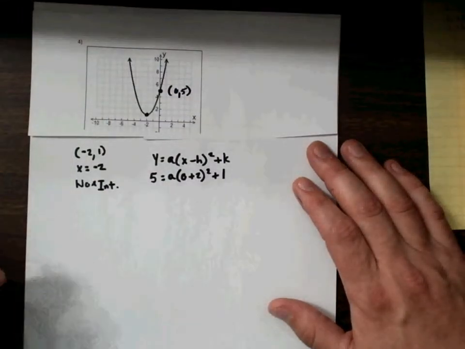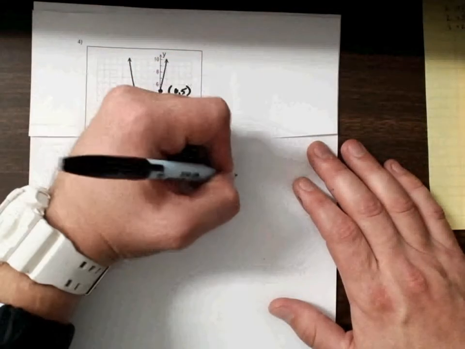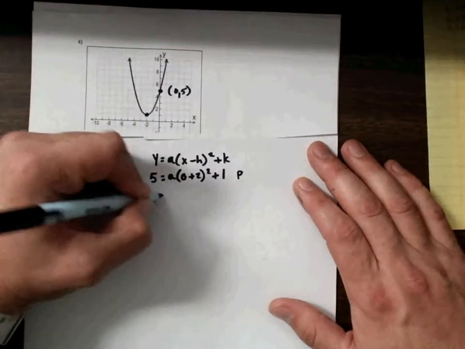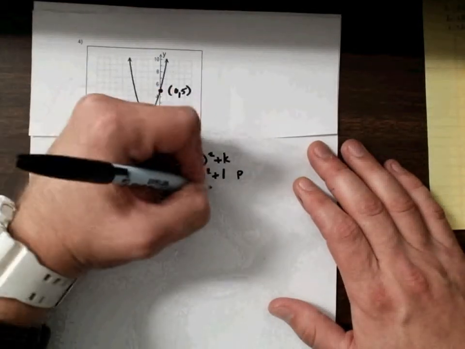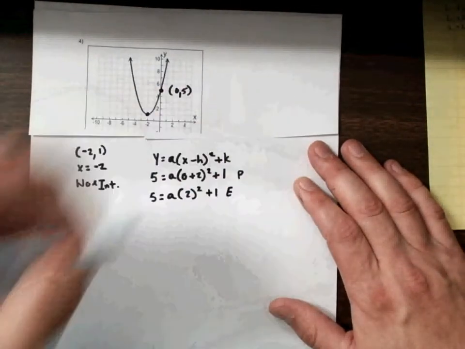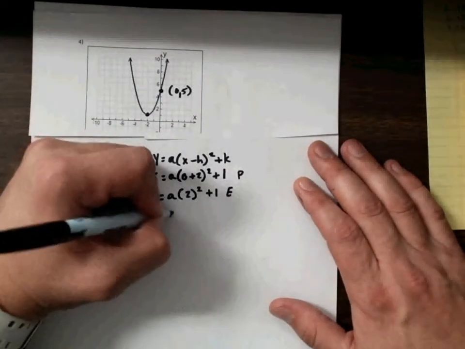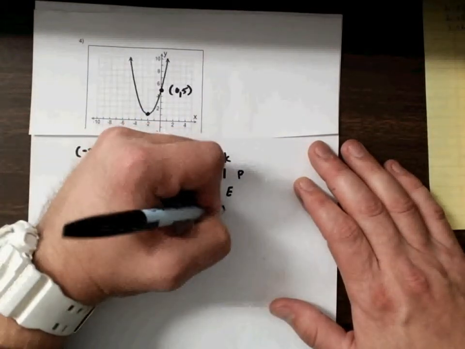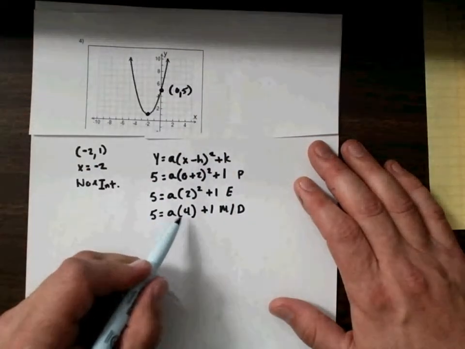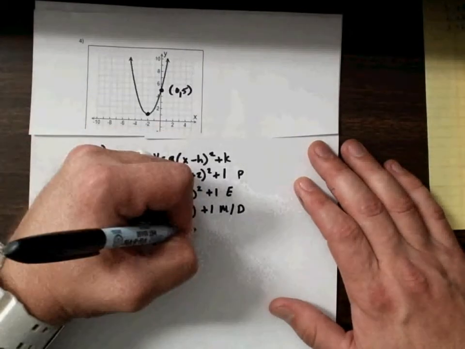And so now I'm going to solve for a using my order of operations. I'm going to take care of parentheses, which is my 0 plus 2, which is 2. Now it comes 2 squared plus 1. I'm going to take care of my exponents, which is going to make it a times 4 plus 1. My multiplication and division is going to take this a times that 4 and make it 4a plus 1.